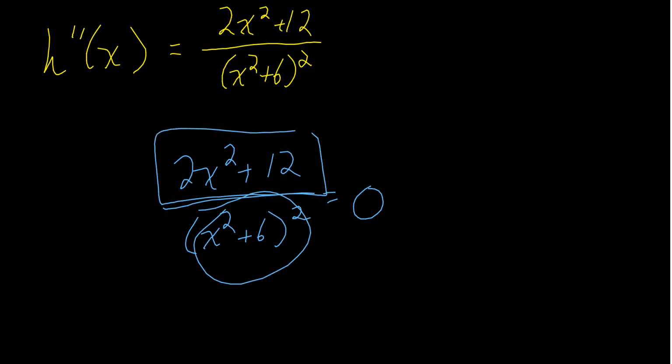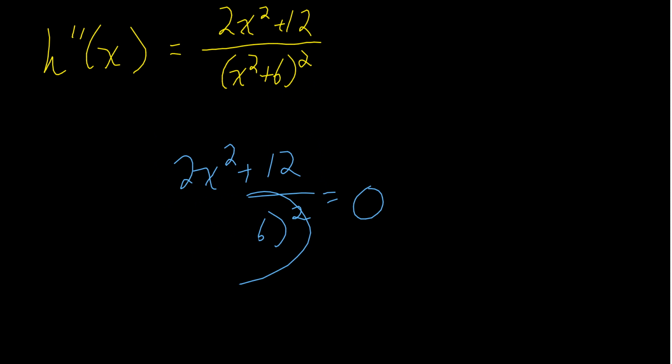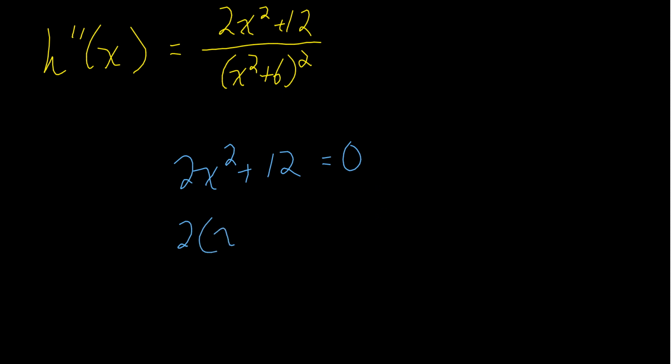So that's why I was saying that we can kind of forget about that. So we multiply both sides by the denominator, and we just simply end up with this equation here. And this one's pretty darn easy to solve, right? We're going to factor out a 2. We end up with x squared plus 6 is equal to 0.